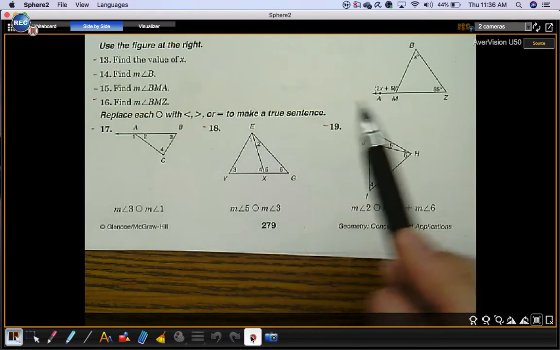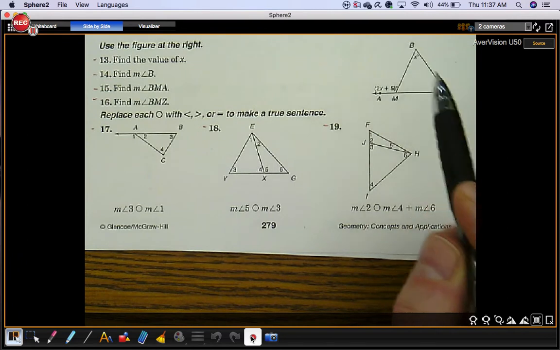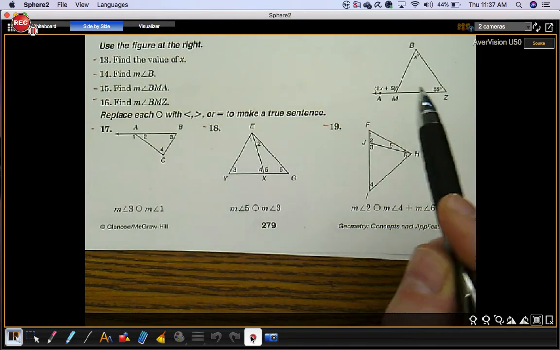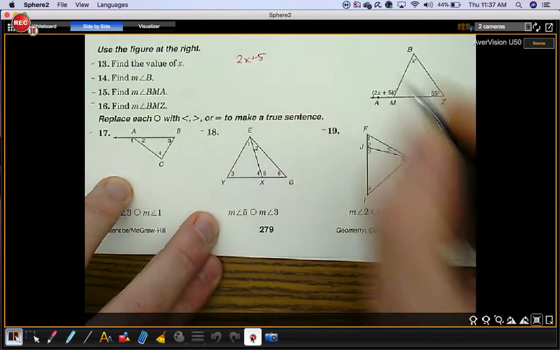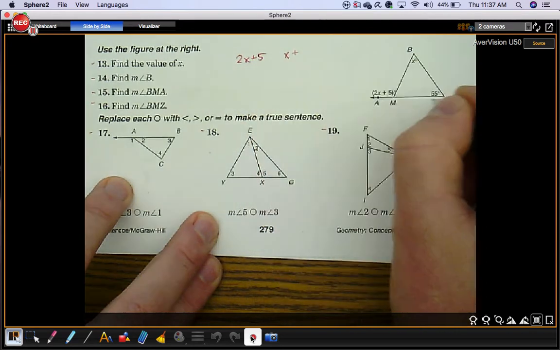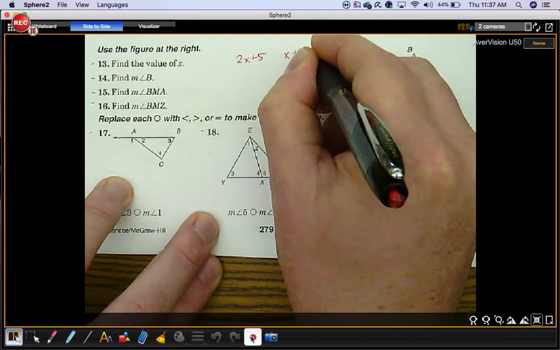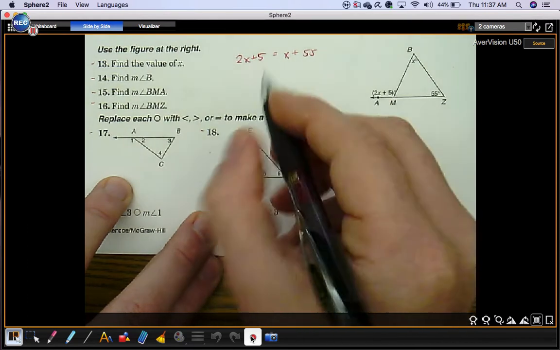Number 13, we're going to find the value of x. We need an equation first. These 2 angles together are going to add up to give you this one. So 2x plus 5, even though we don't know what it is, we know it's got to be the same thing as x plus 55. And we're going to solve for x. We'll subtract x from both sides.